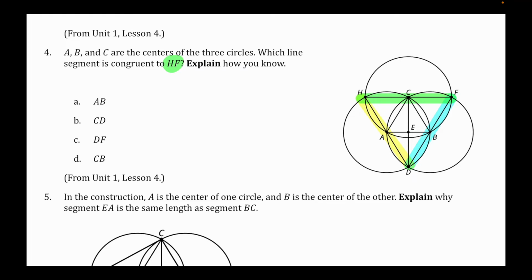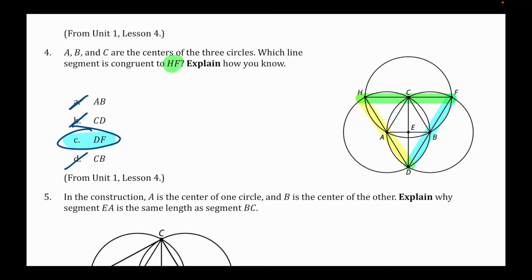Well, it's not AB, so let's cross that one out. It's also not CD, because CD is the vertical line in this diagram, not that one. DF, yes, DF is the light blue highlighted one. So I'm going to highlight that also here as light blue to show that that's the one that we found. And CB is just a radius of the circle, not a diameter, so not that option.